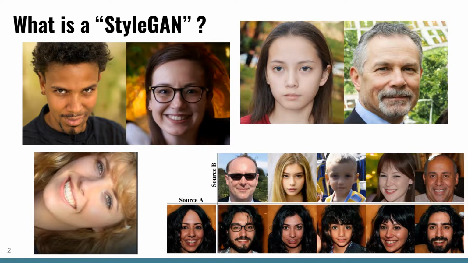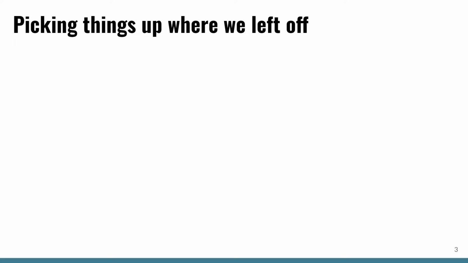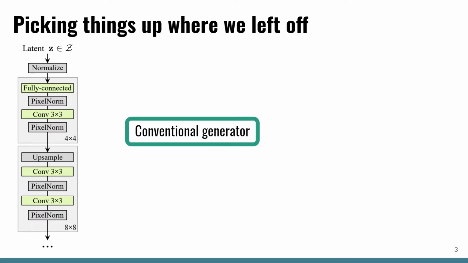So let's go ahead with the next slide, in which I will talk a little bit more about what comes before StyleGAN 3. The origin of the StyleGAN family is everything that existed before that. And those usually looked like what you can see here on the left of the screen.